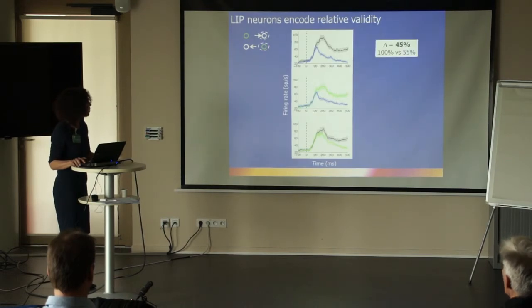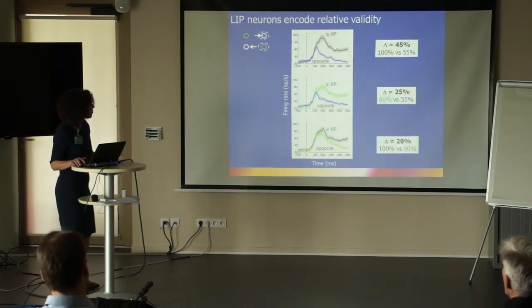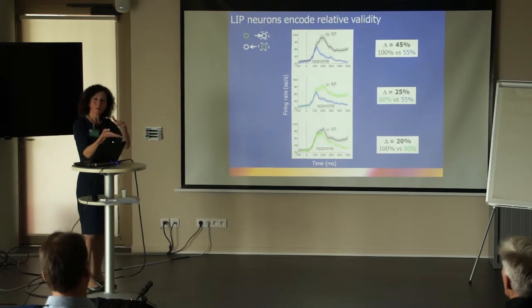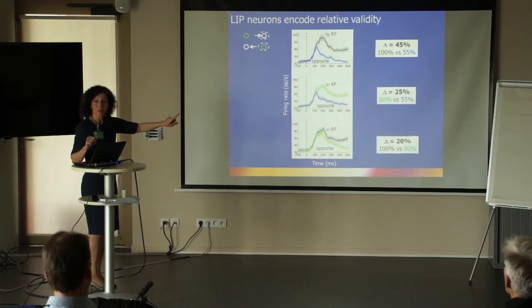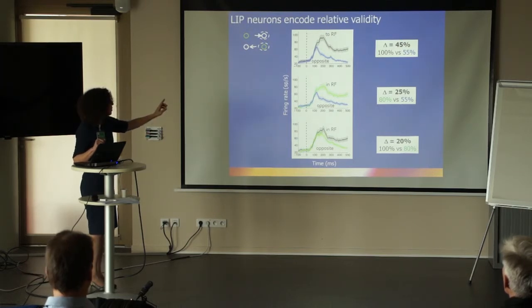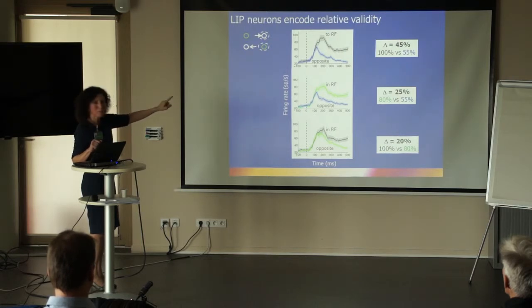Okay, and here are the population responses, and I'm showing them to you for different pairs of different validities, right? So let's walk through them. If you look at the top pair, there is a 100% cue versus a 55% cue, right? So on some trials, the 100% cue is in the receptive field.